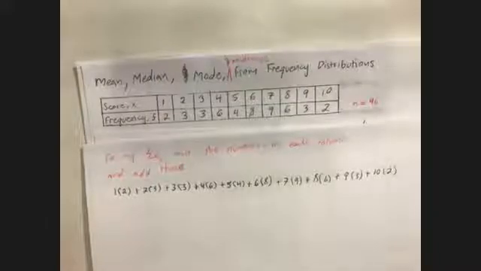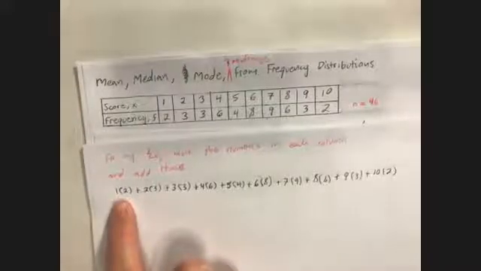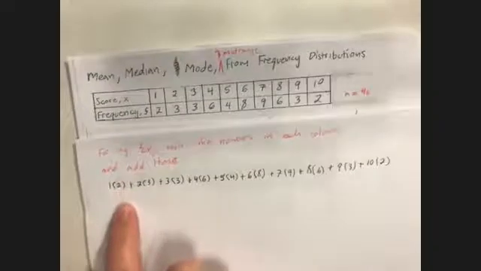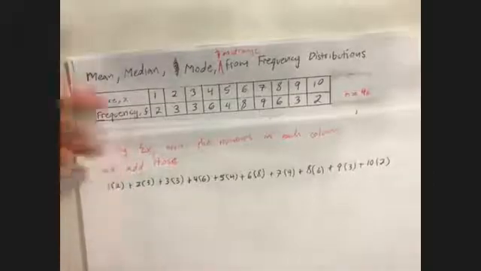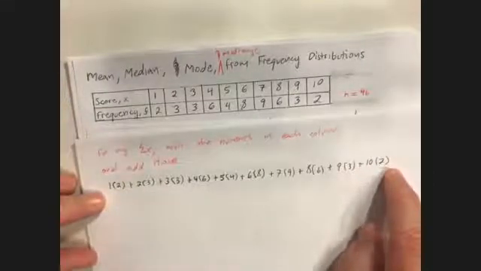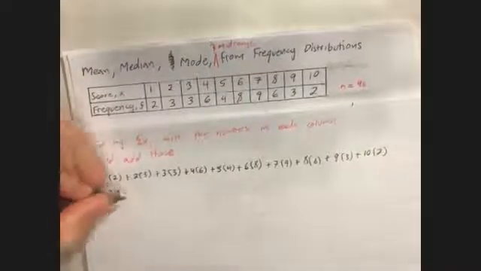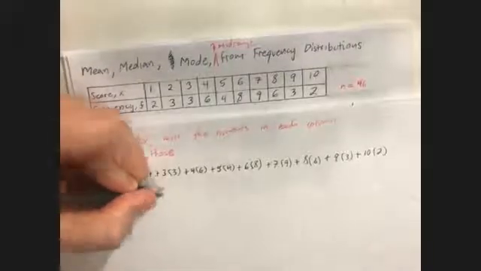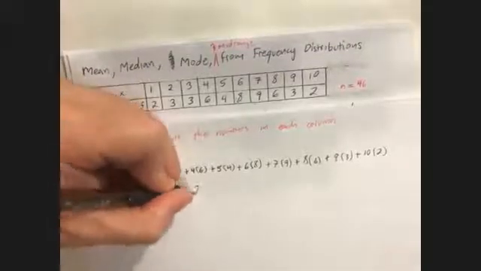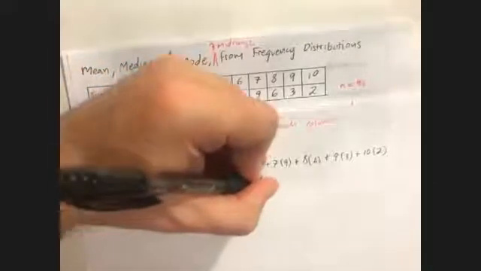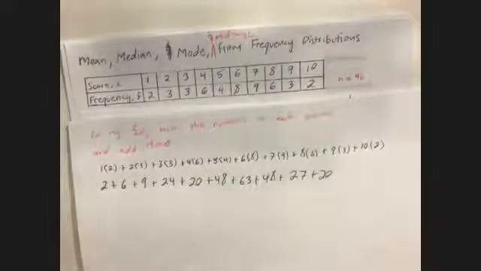All right, so this is the x. This is the item, the first number, and the second one is their frequency. So rather than type it into the calculator like this, because I'm likely going to make a mistake, let's just do each multiplication real quick. Okay, so this is all of those numbers, the little products.